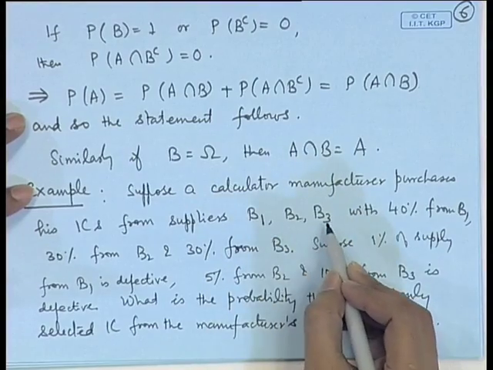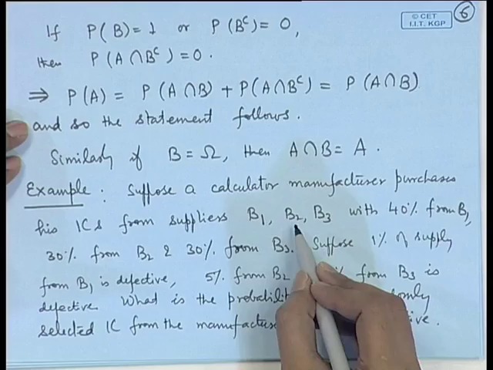Now, this way of looking at the probability is called posterior probability, because here we can consider the events B 1, B 2, B 3 that the supplies came from first supplier, second supplier or third supplier as prior events or something which is happening before. Now, being defective or not defective is an event which is occurring after that, because it is after procurement.